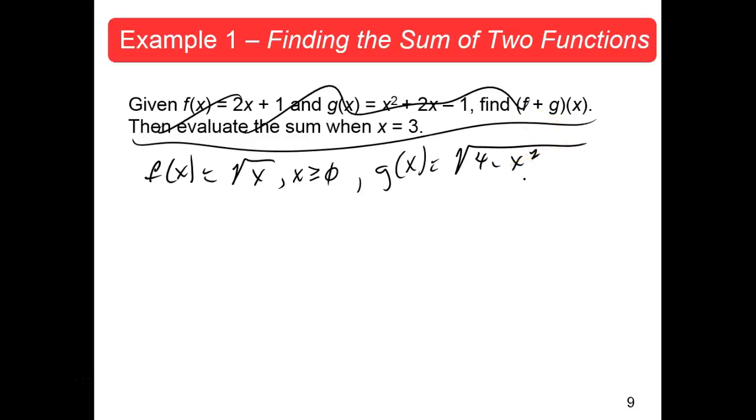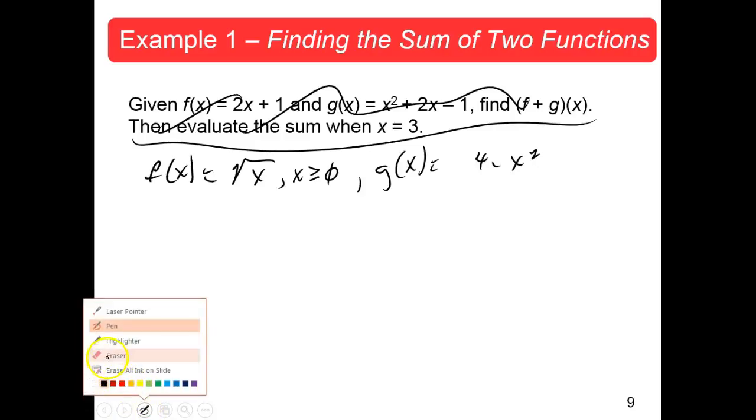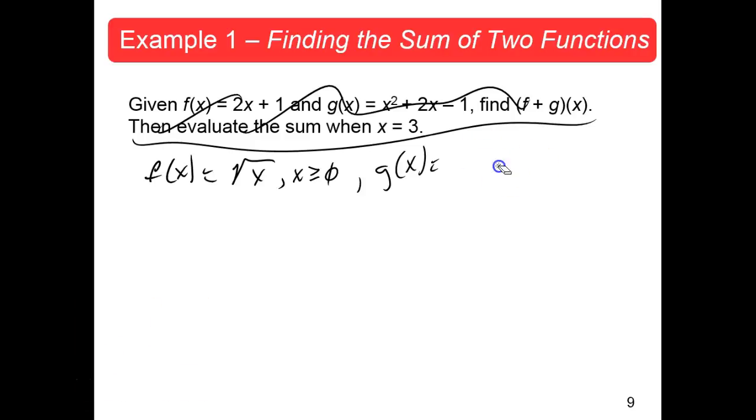I wish I hadn't made that line so long. Let me reduce that just a little bit. In fact, I'm going to tighten it up even more. This is the square root of 4 minus x squared. Now, what can we say about that?